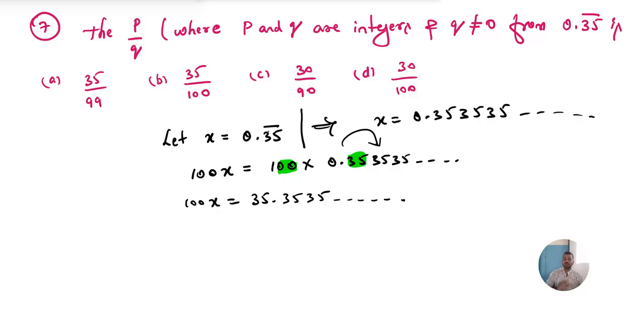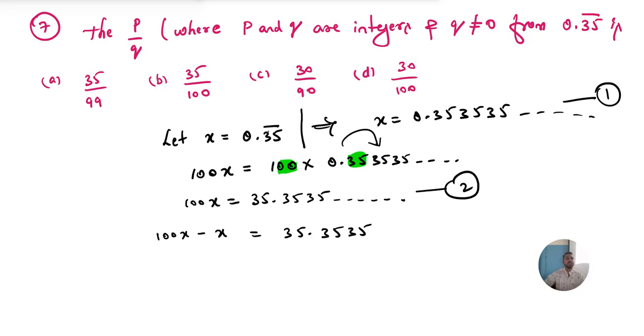Now observe here. Let me say this is my equation 1 and this is my equation 2. I am going to subtract equation 1 from equation 2. So it becomes 100x minus 1x is equal to 35.3535. I will write it only 2 times. You can write it many times, but we don't need it. We write only 2 times. Enough. Minus what is x?